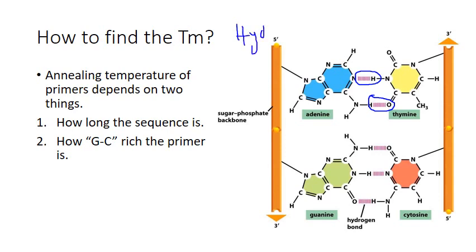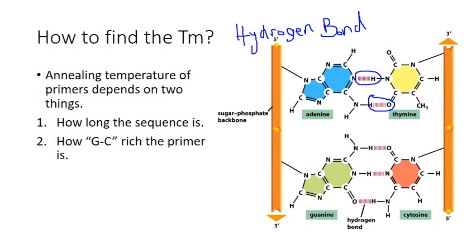Hydrogen bonds. All right, so these hydrogen bonds are what holds your DNA together, and with AT pairs, you notice that you only have 2 hydrogen bonds, right? Only have 2.